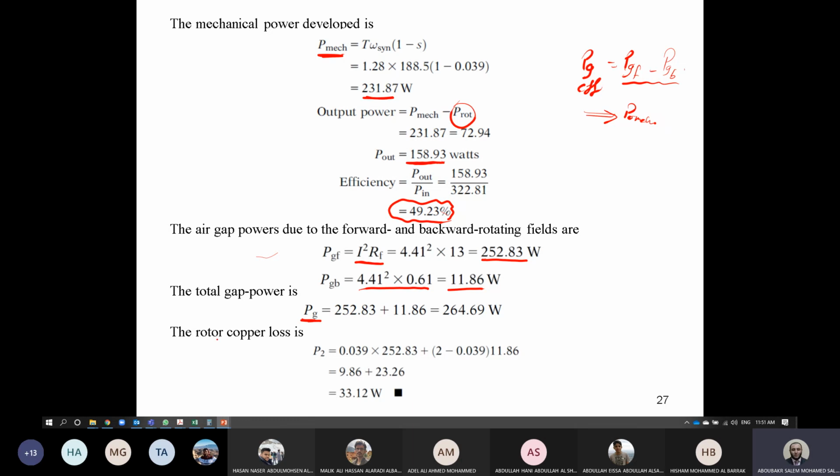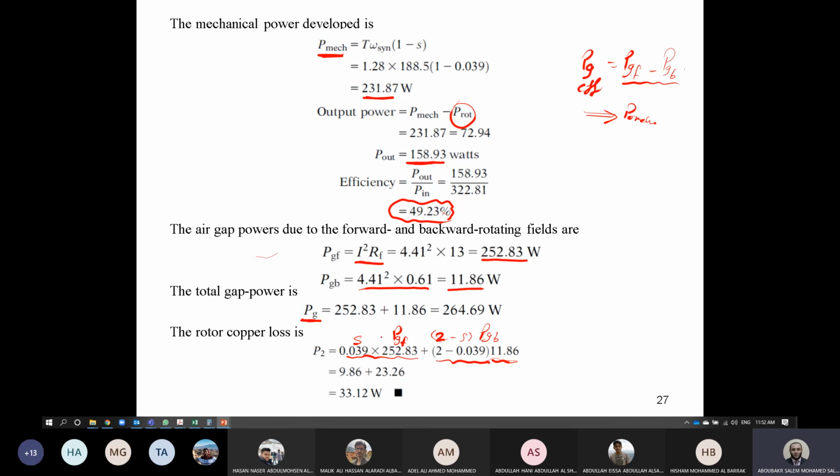Now, regarding the rotor copper loss, simply you can say it's equal to the value of power multiplied by S, P gap multiplied by S. So as you can see, P gap forward multiplied by S represents the copper loss in the forward component, and this is the copper loss in the backward component, which is 2 minus S multiplied by P gap backward.